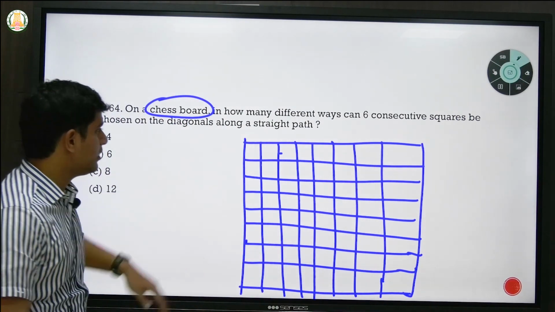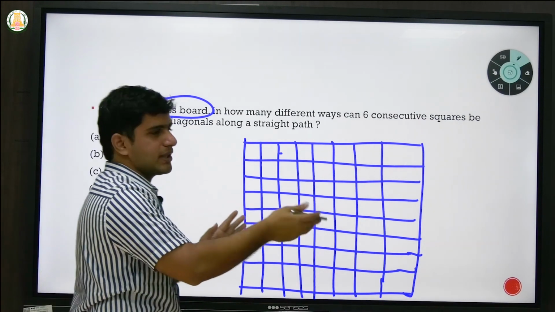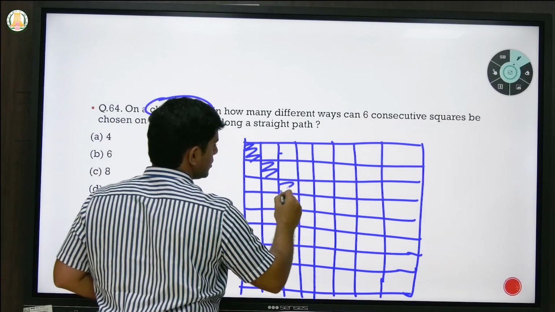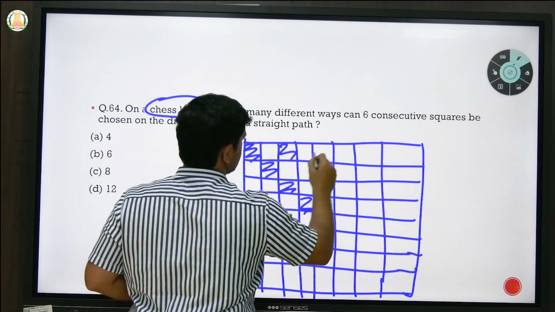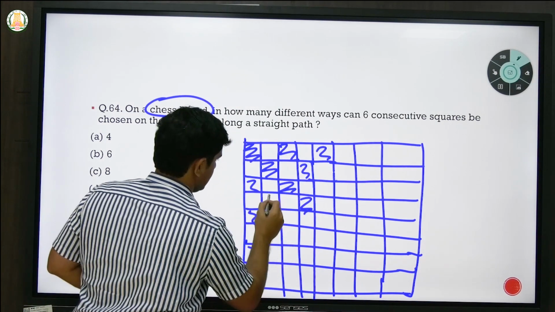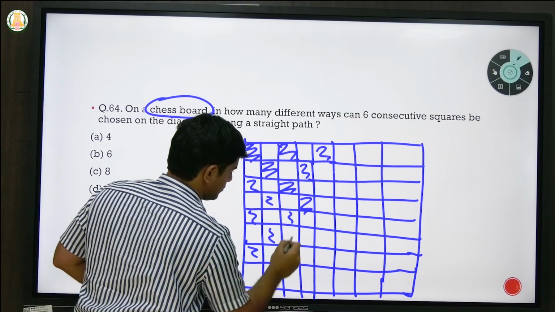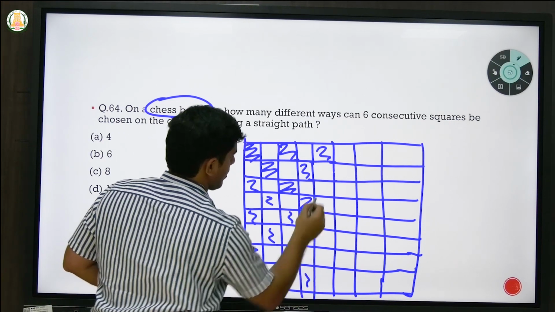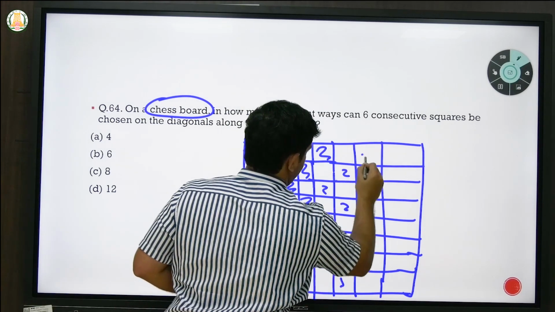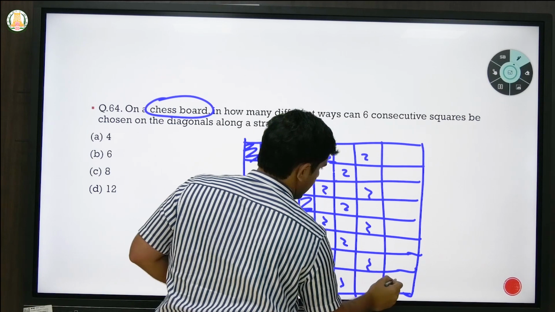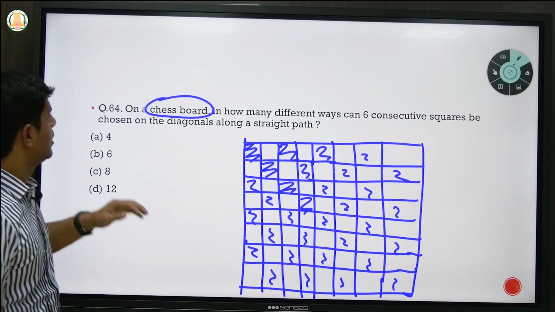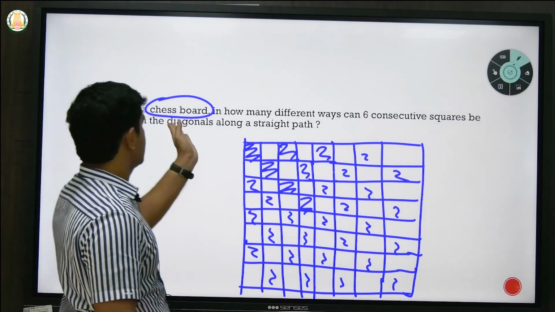So we have an 8x8 square, and we also know that alternate squares are white and black. So let's assume this to be black. So you just color them for your convenience. Okay, so these are the black squares, let's assume. Now, once we have the board in front of us, let's go forward.